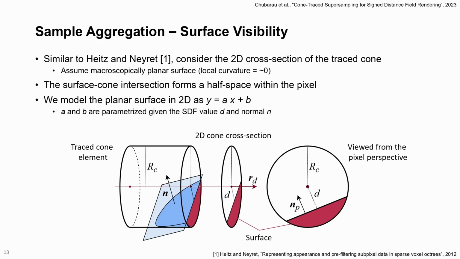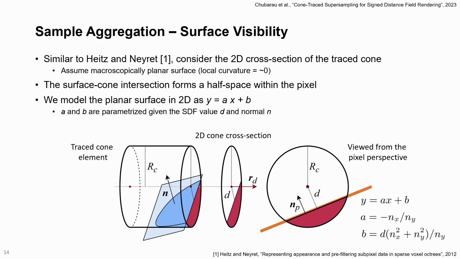But essentially, the surface will form a half space within the pixel, and so we know the orientation and the coverage of that particular surface because we know the SDF value and we know the normal vector, and so we can orient the surface within our trace cone. And then we can test against this half space to describe the local visibility within the pixel.